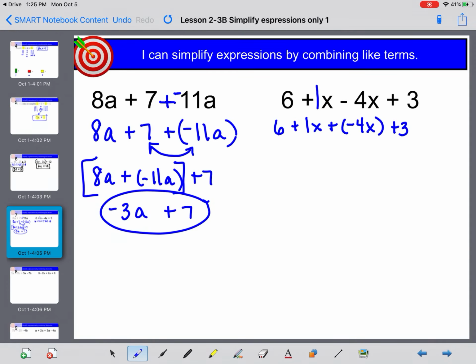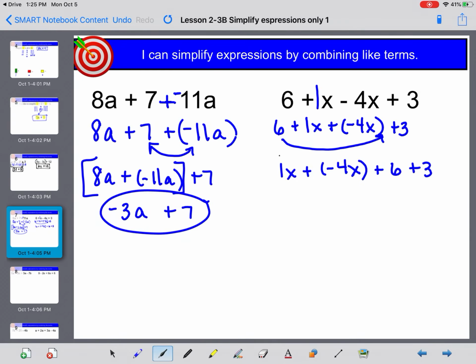I can see that this would be helpful if this 6 would switch places with, or sneak over in front of, the 3, so we would get the 6 and the 3 by each other. And so I'm left with 1x plus negative 4x plus 6 plus 3.